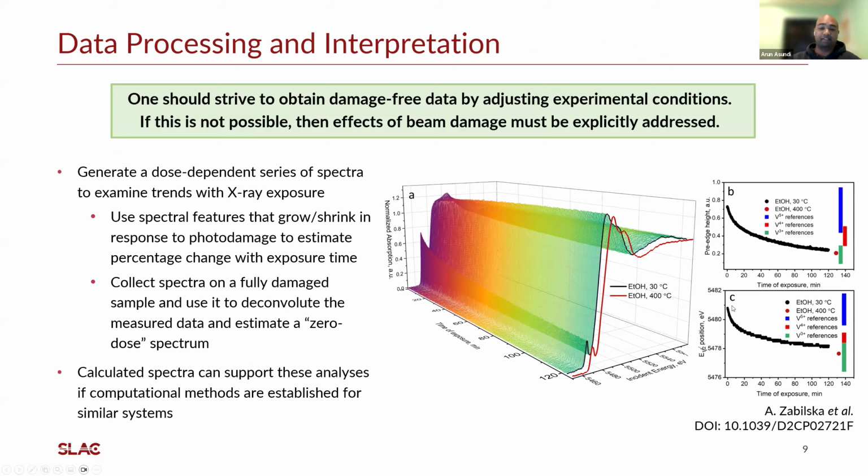And from there, they can at least estimate what this sample may have started out with. You can see in this case, it looks like it definitely started out similar to these vanadium-5 references rather than the vanadium-4 and vanadium-3. And I agree that you probably cannot get an exact representation of what the zero-dose spectrum looks like, but you can still make these arguments based on the changes of what the likely oxidation state or coordination chemistry of the original sample is.